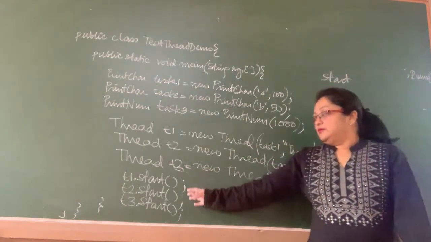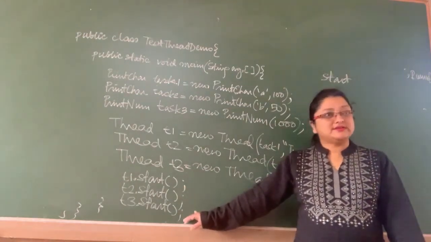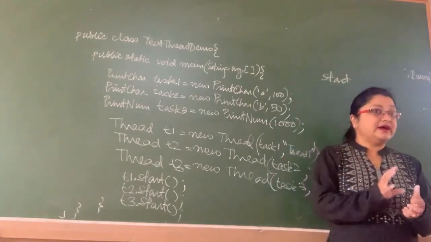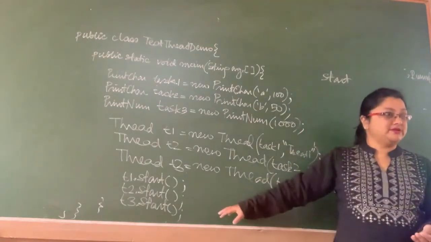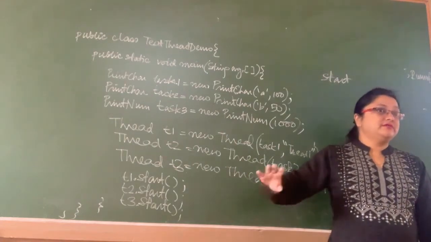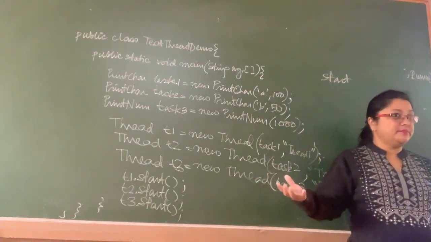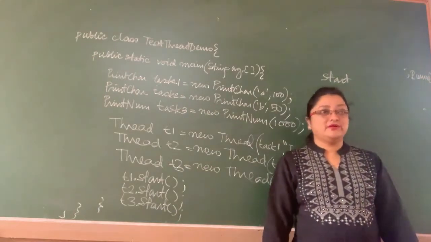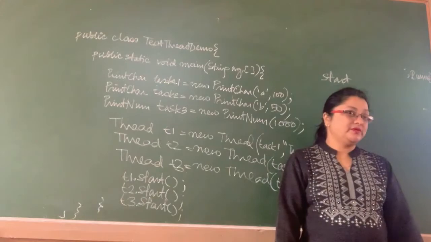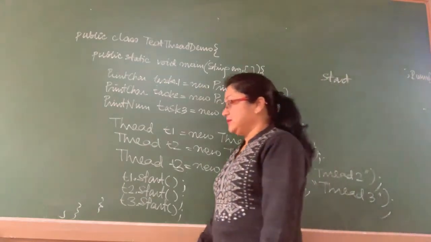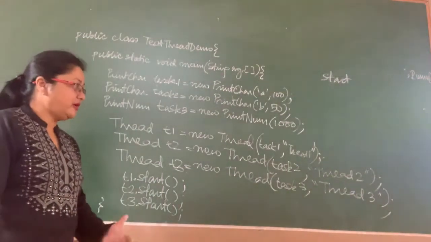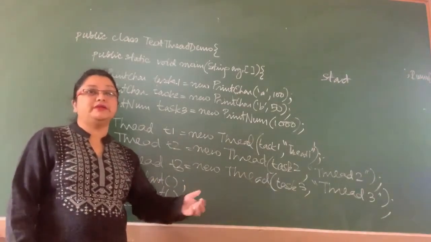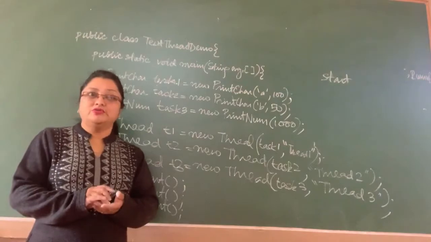Once it is started, unless of course you use some other methods, it is going to run depending upon the operating system. How the threads are scheduled, that's how it is going to work. So this, in short, is a simple program where you are implementing multi-threading.